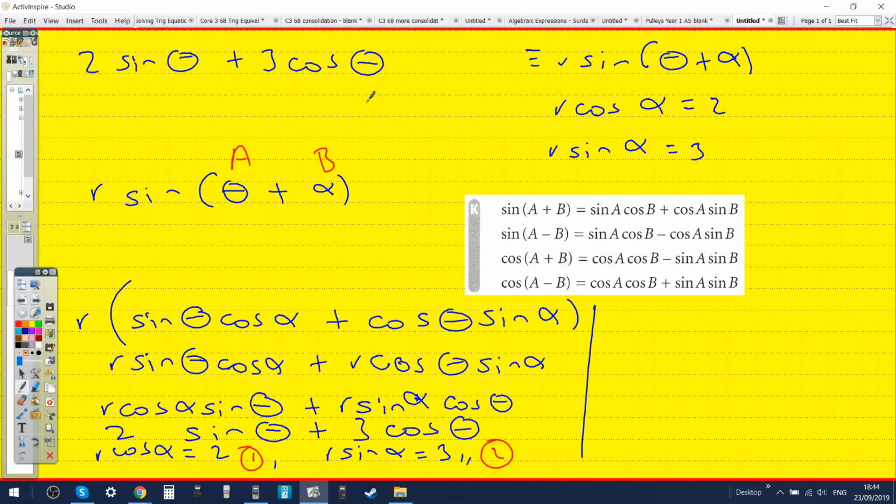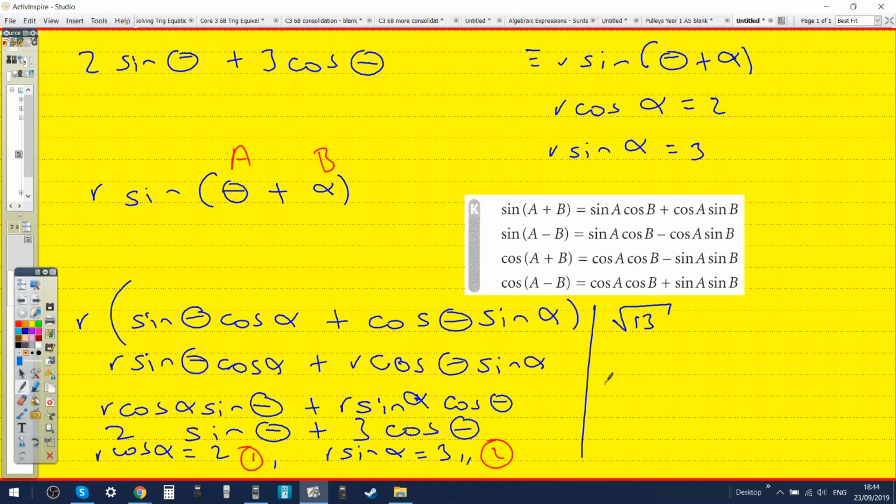So for the r, you do the Pythagoras, correct? Yep. So that's the root of 2 squared plus 3 squared, which is root 13. Okay. And then values of r and alpha.